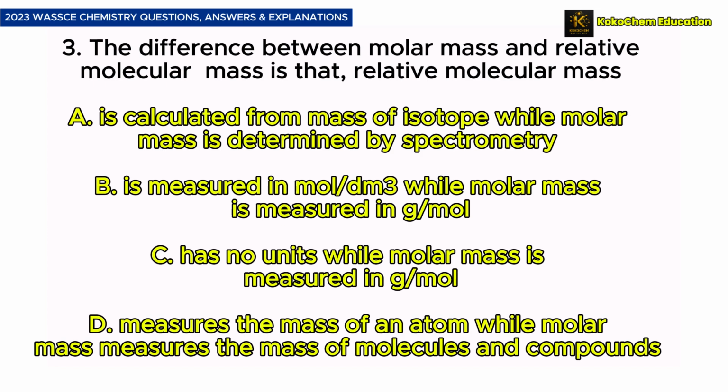B. relative molecular mass is measured in mole per dm cubed, while molar mass is measured in grams per mole. C. relative molecular mass has no units, while molar mass is measured in grams per mole. D. relative molecular mass measures the mass of an atom, while molar mass measures the mass of molecules and compounds.